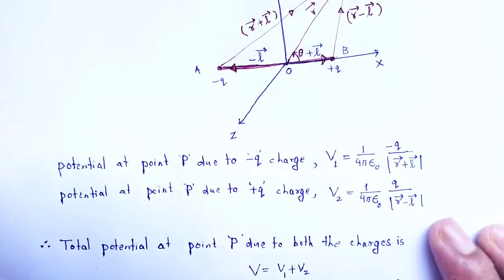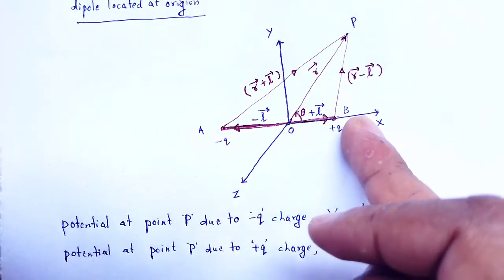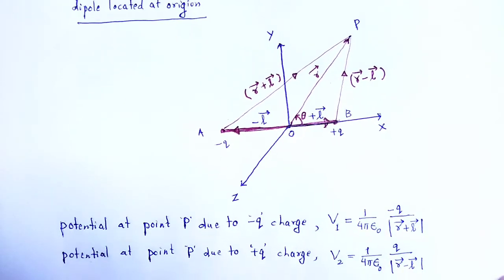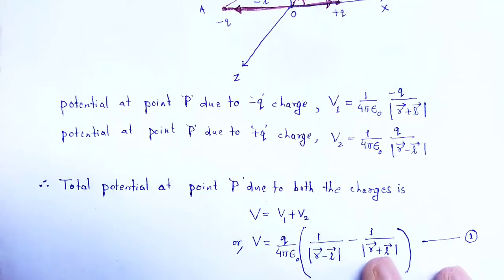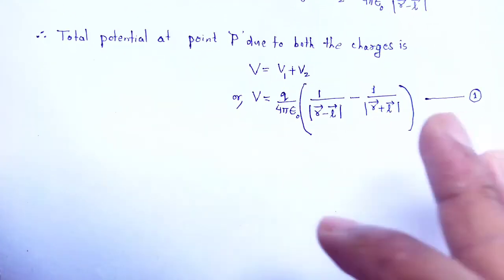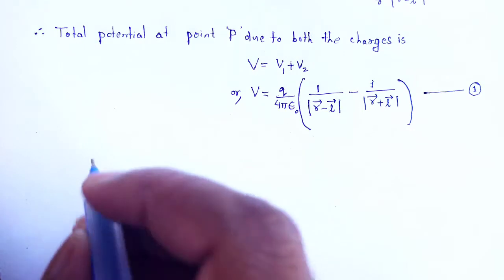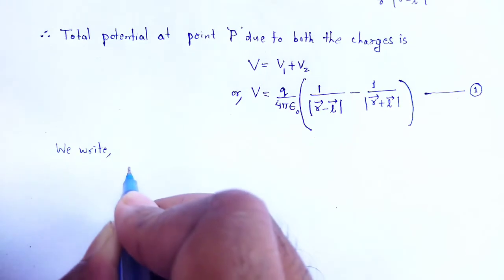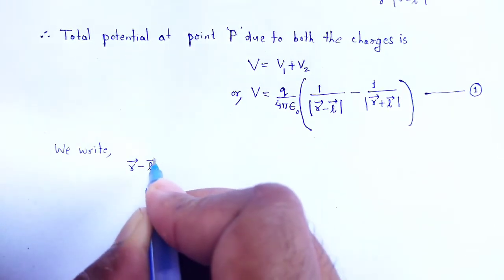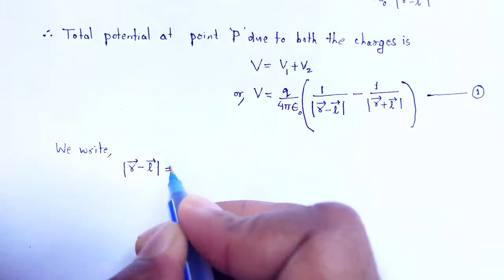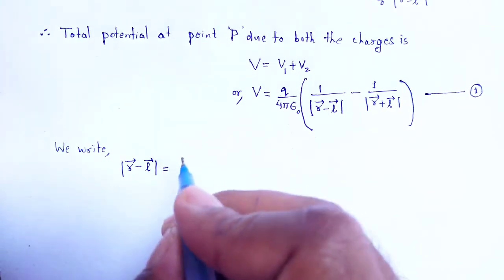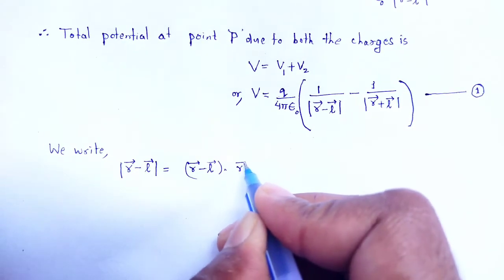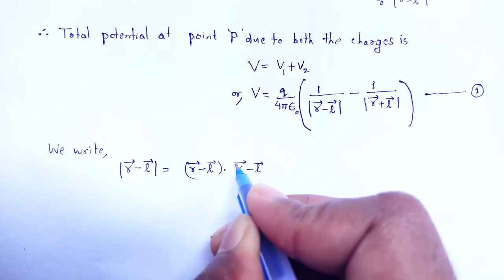Look here, the angle between l vector and r vector, let it be theta. So, the magnitude of r vector minus l vector can be written as the square root of the dot product of r vector minus l vector with r vector minus l vector.